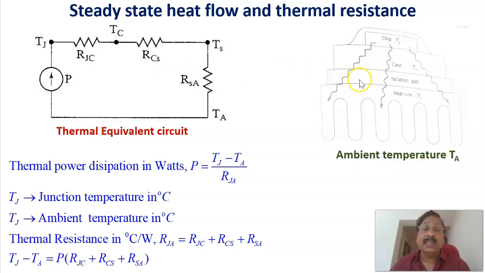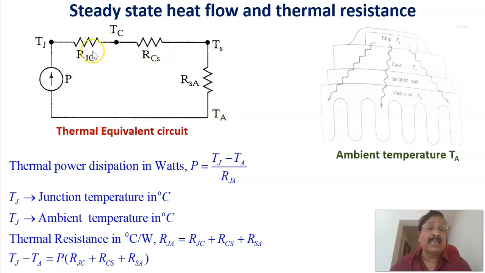Now the equivalent electrical circuit: P here represents the power as a thermal equivalent circuit, and Tj, like a voltage, is the temperature of the junction. This is the case temperature Tc, this represents the temperature of the heat sink, and this is the ambient temperature.